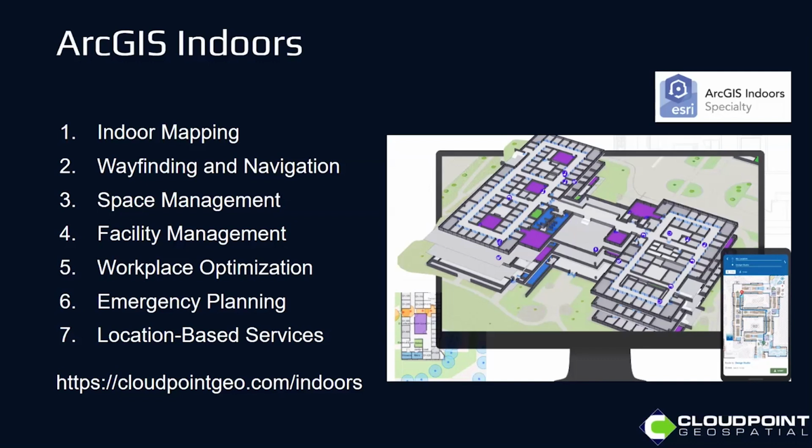Workplace optimization, moving people around based on space utilization, but also hot desks and hybrid work situations. Emergency planning, that's where the routing that we'll be demonstrating today comes into play. And then location-based services, knowing where you are within a building and knowing how to get to the various services within your campus or within your building.